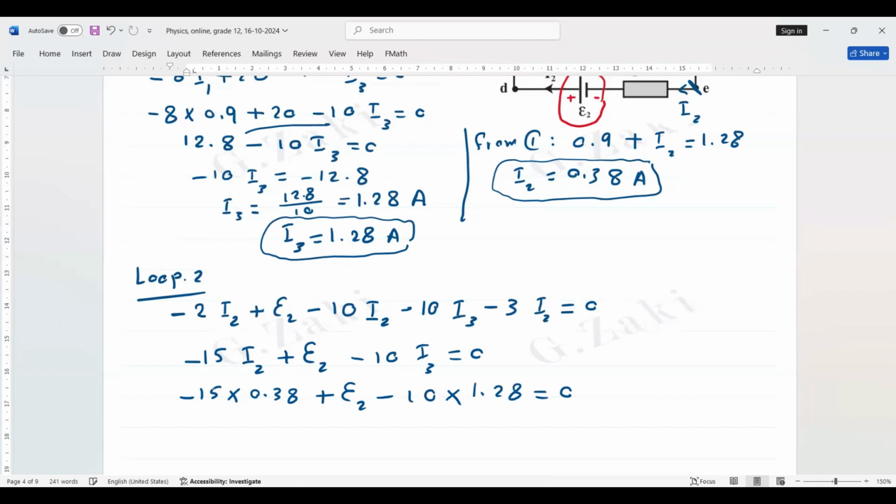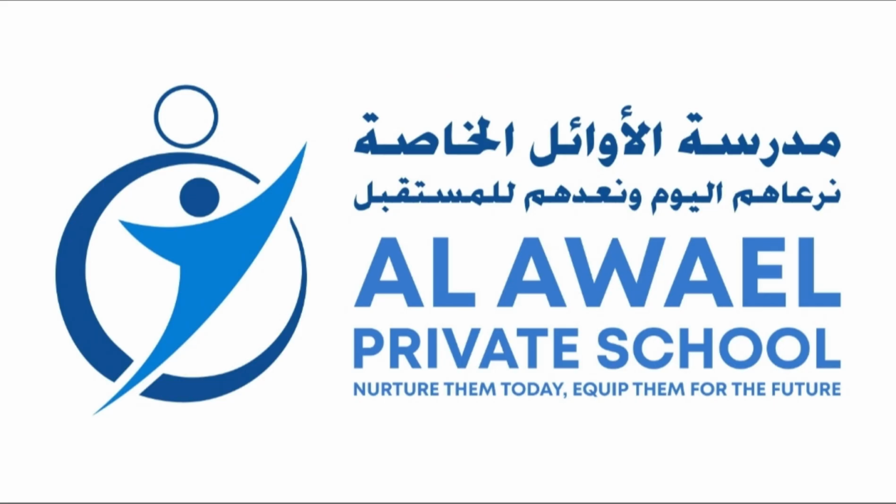Use your calculator. The answer is negative 18.5. So negative 18.5 plus E2 equals 0. Shift negative 18.5 to the other side, then the value of E2 is positive 18.5 volt.